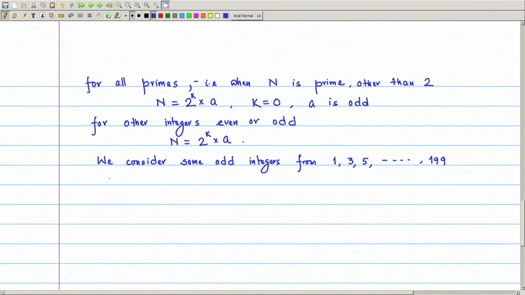How many odd integers are there from 1 to 199?